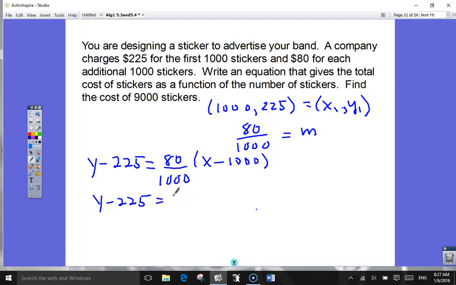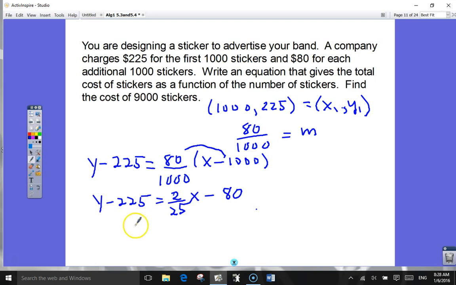I want a fraction: 2 over 25. Now, when I multiply 80 over 1,000 times 1,000, what do I get? You shouldn't need a calculator for that. 80. The thousands cancel.